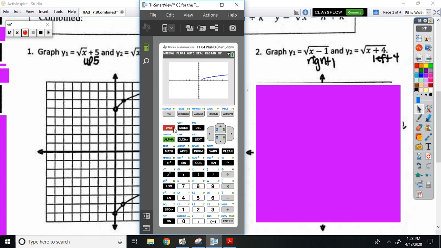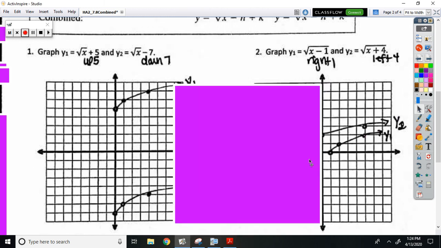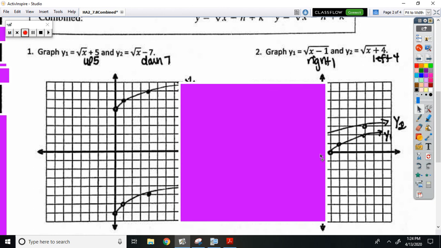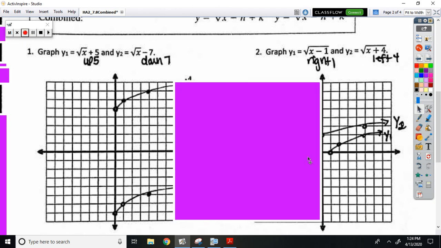Again, go to our table, second graph, and we can get some points to plot. So (0, 1), (5, 2), and (10, 3). 10, 3 is not going to fit on there.